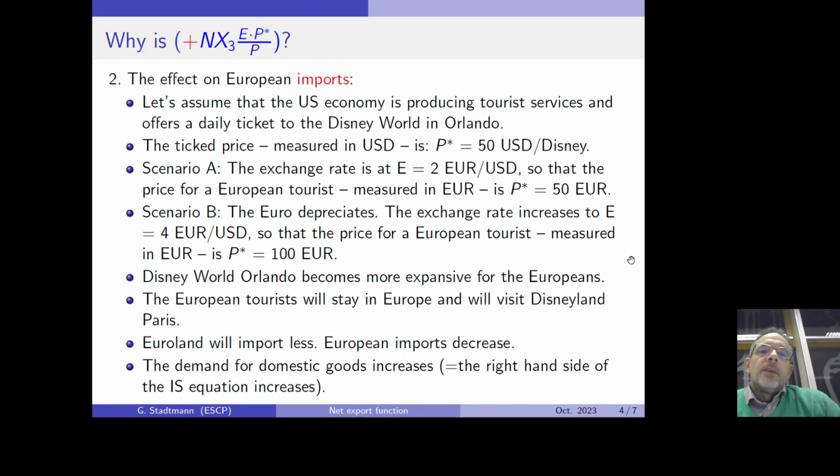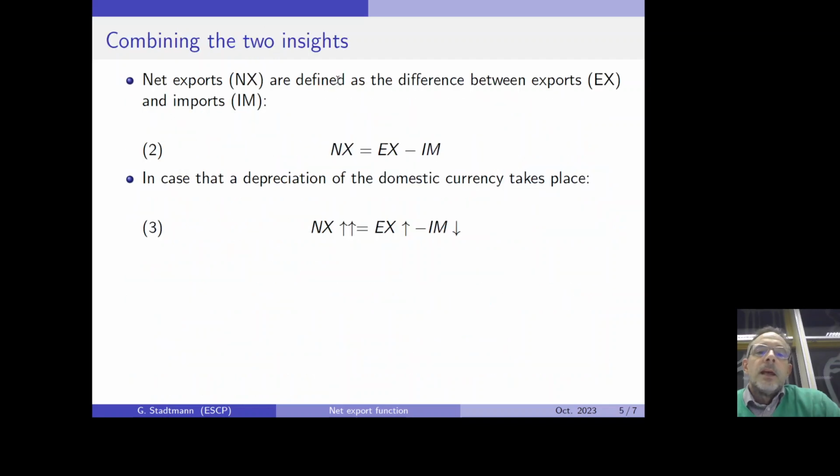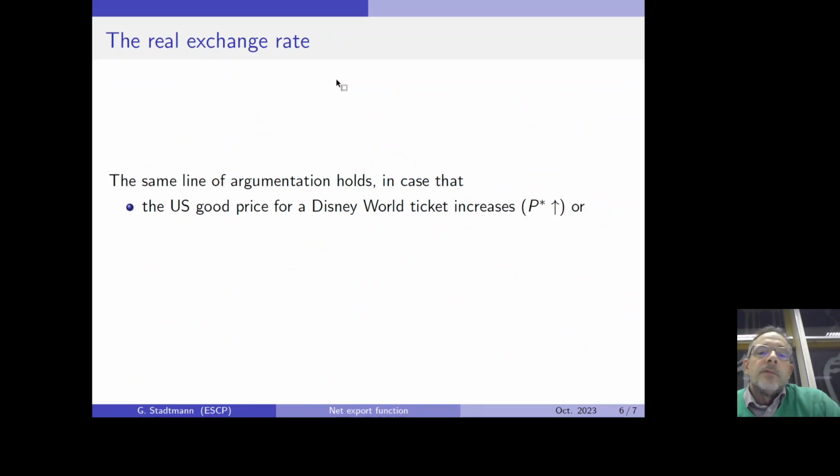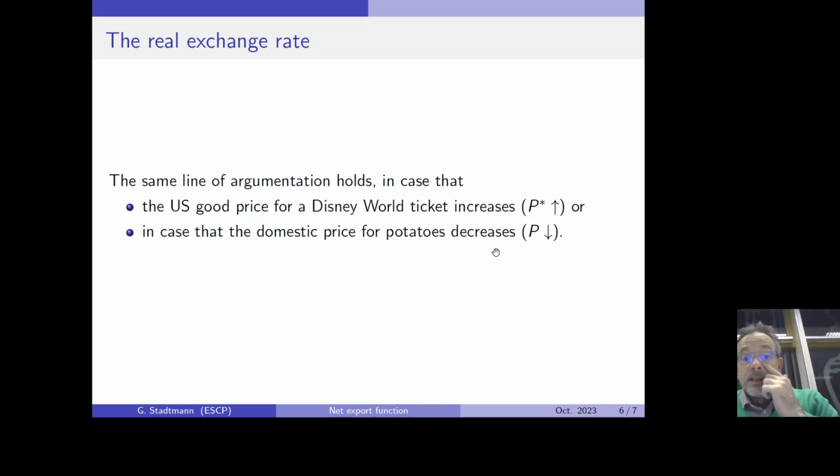When we look at this term here, NX3 times E times P star divided by P, we have the real exchange rate in this expression. And therefore, since the two goods prices play a role, we can come up with the same line of argumentation: in case the US goods price for a Disney World ticket increases, or in case the domestic price for potatoes decreases, the real exchange rate increases and the demand for domestic goods increases.